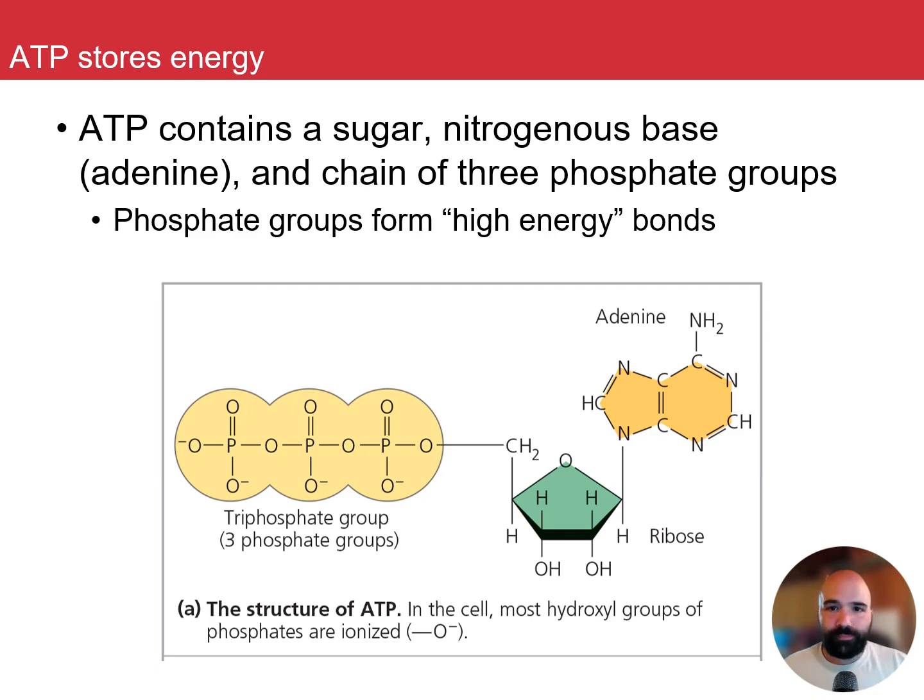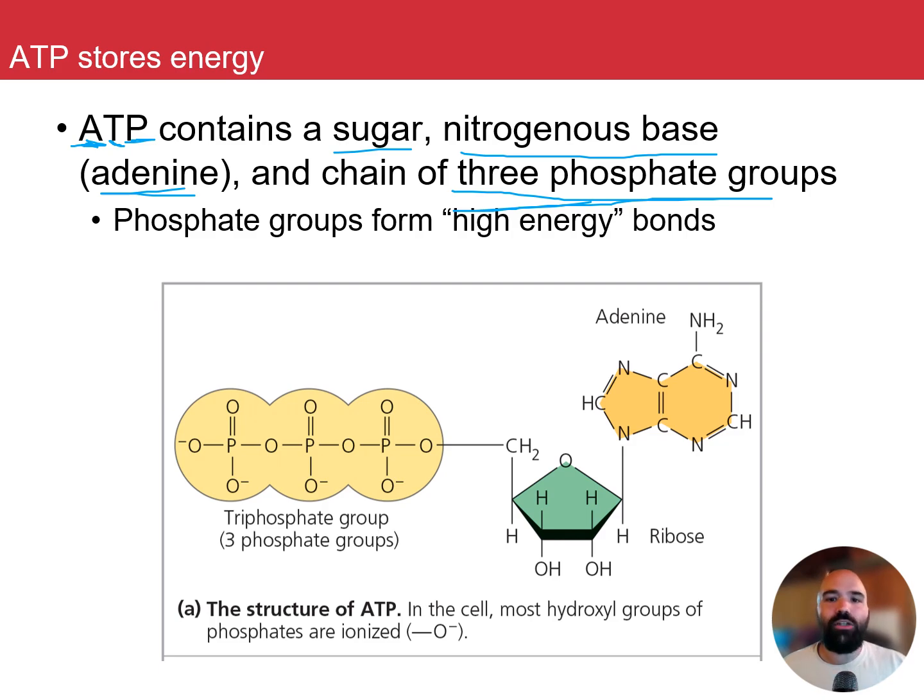ATP is a nucleotide. It contains a sugar, a nitrogenous base, specifically adenine. That's why we get this A. And then it has a chain of 3 phosphate groups. The T is tri for 3, and P is for phosphate.